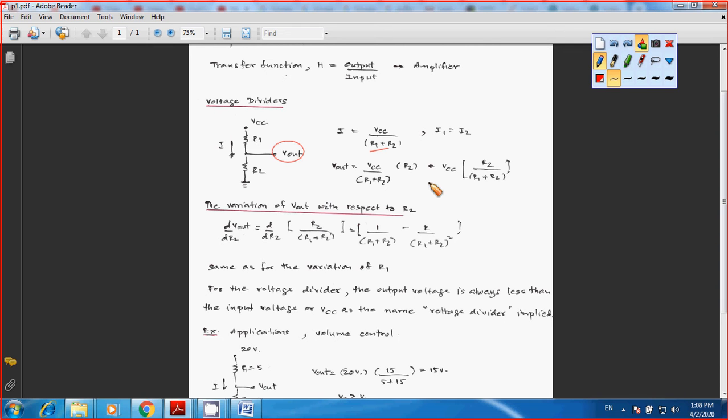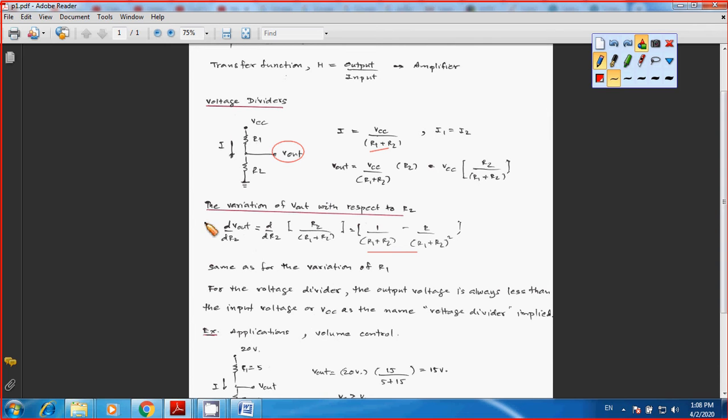For example, if you want to find how much the voltage V out changes when your R2 varies, you can apply a differential equation. So by differentiating your V out with respect to R2, you end up with 1 over R1 plus R2 minus R2 divided by R1 plus R2 squared.